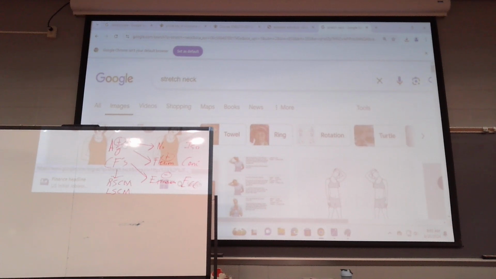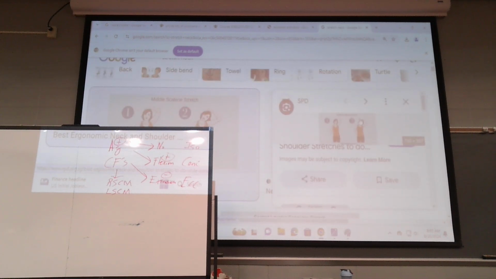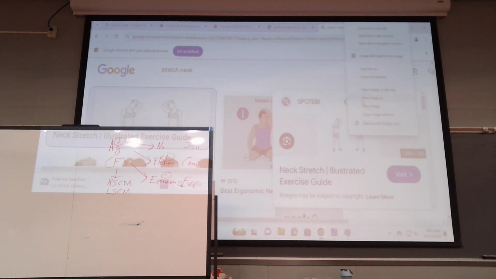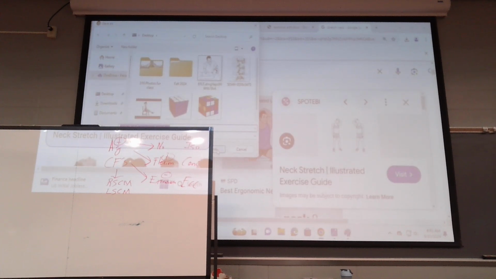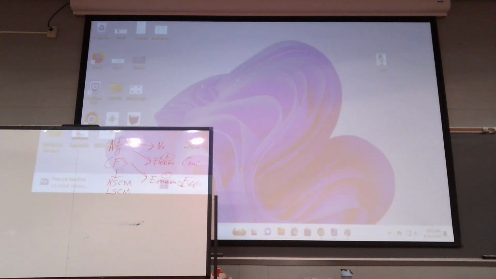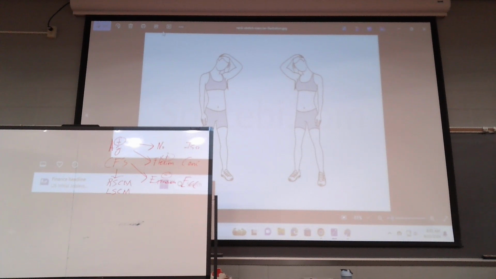Let's do some stretch stuff. One of the best things about muscles is their consistency. Muscles only pull.